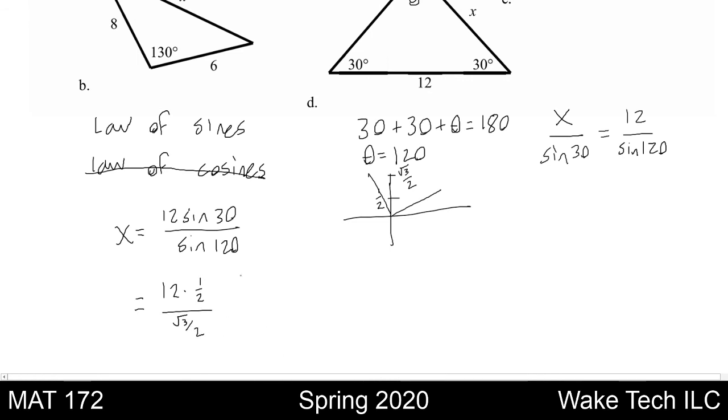I can multiply by 2 in the numerator and denominator to simplify it a little bit, and we'll end up with 12 divided by the square root of 3. Then if I want to rationalize this fraction, I would multiply the numerator and denominator by the square root of 3 to get 12 square root of 3 over 3, or in other words, 4 square root of 3.